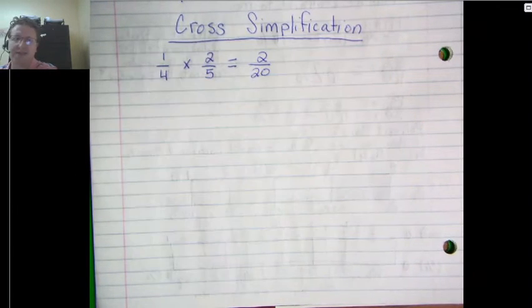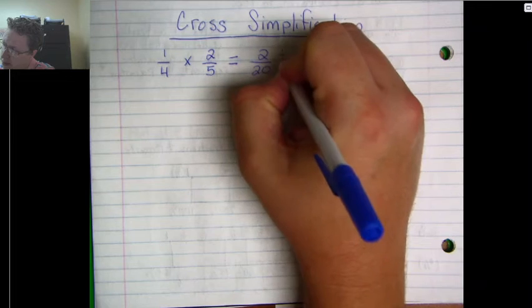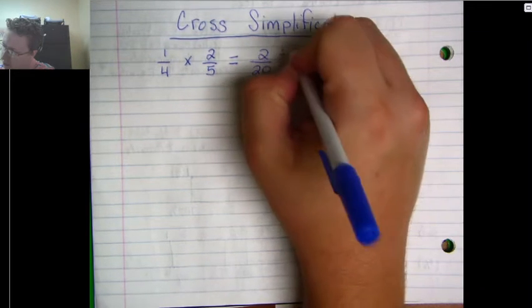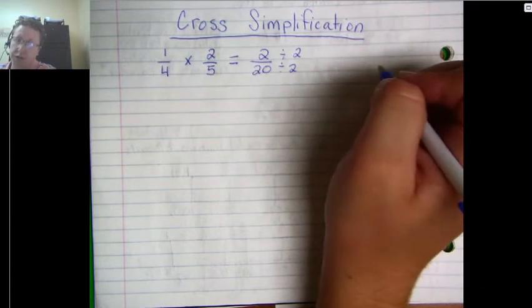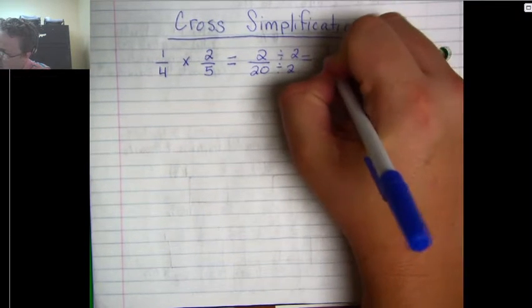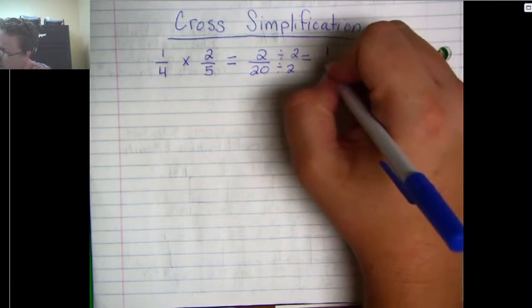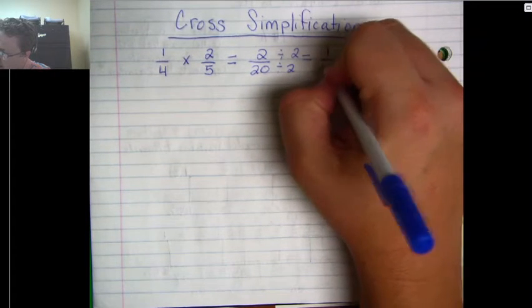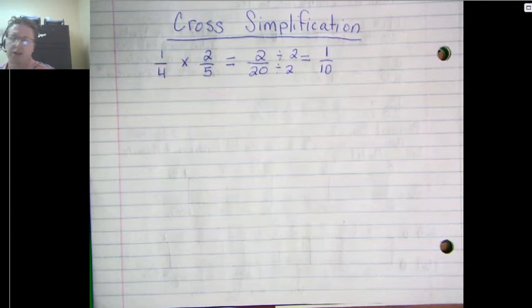We then realized that 2 and 20 are both even numbers, so we can at least pull out a 2 from the problem. So we divided the top and the bottom by 2, which was our simplification or reducing step, regardless of which you called it growing up. So 2 divided by 2 is 1, 20 divided by 2 is 10, so it's 1/10 as your final answer.